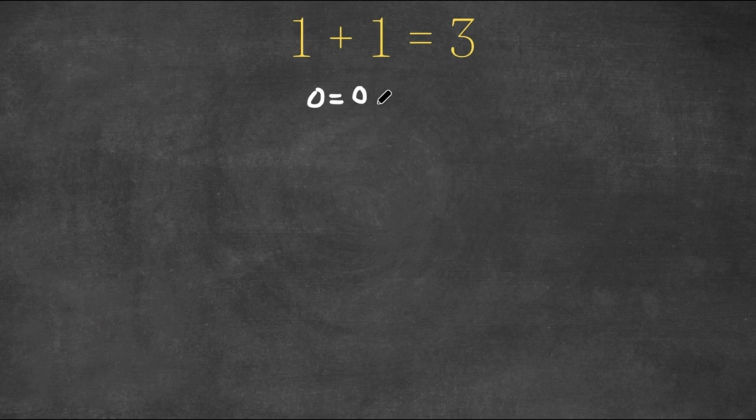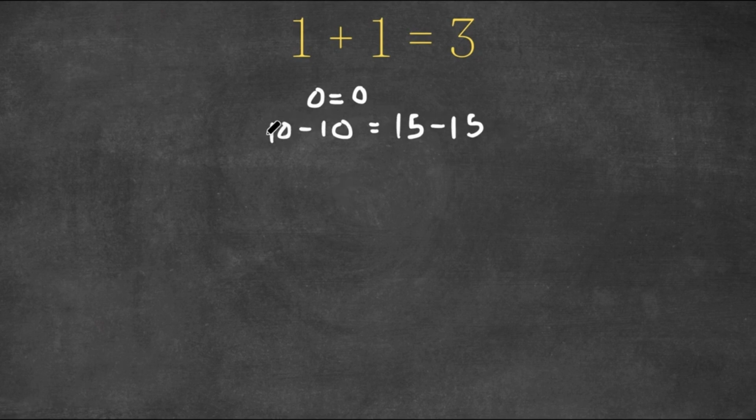And now I'm going to rewrite 0 on our left-hand side as 10 minus 10, and on our right-hand side, I'm going to rewrite 0 as 15 minus 15. All I did was rewrite both the zeros as two different expressions. 10 minus 10 is equal to 0, and 15 minus 15 is equal to 0.